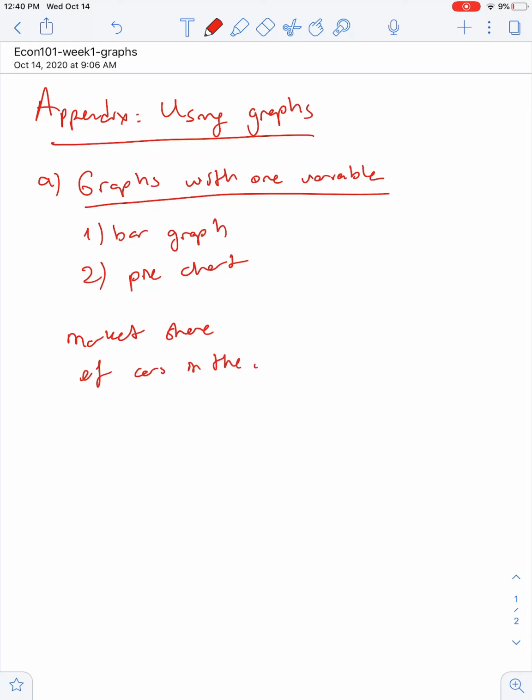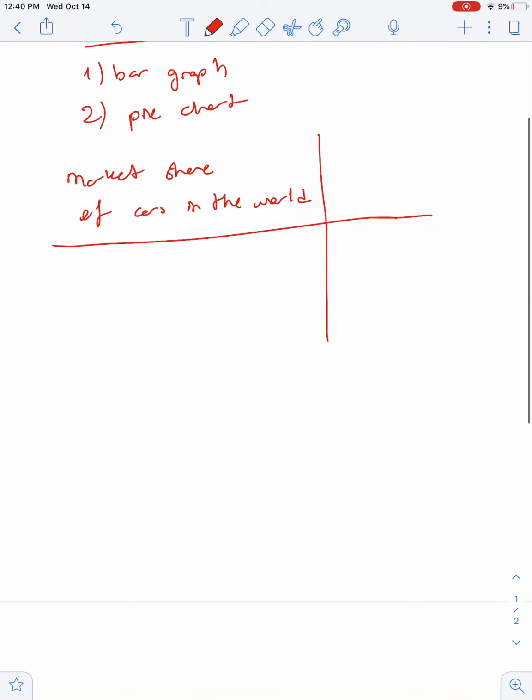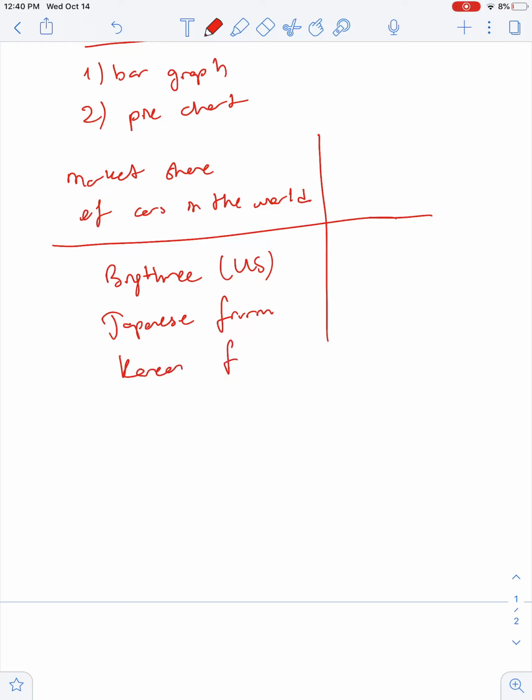in the world. If you have such data, how are we going to represent this? You have the big three, which are the US cars actually, Japanese firms, Korean firms, and European firms.